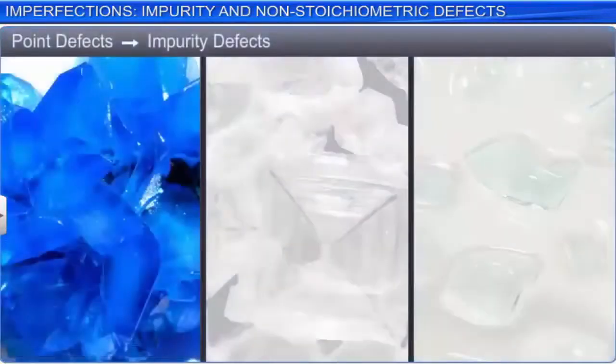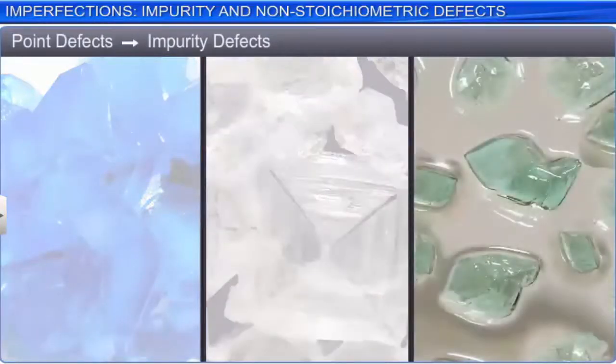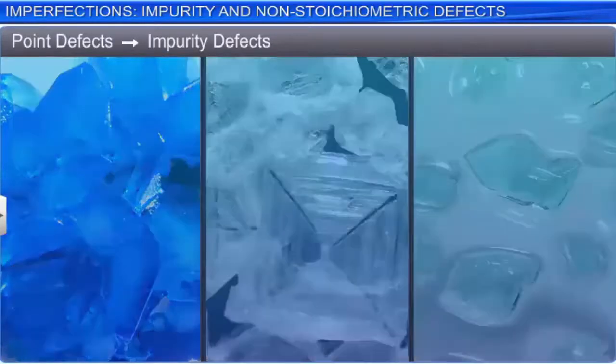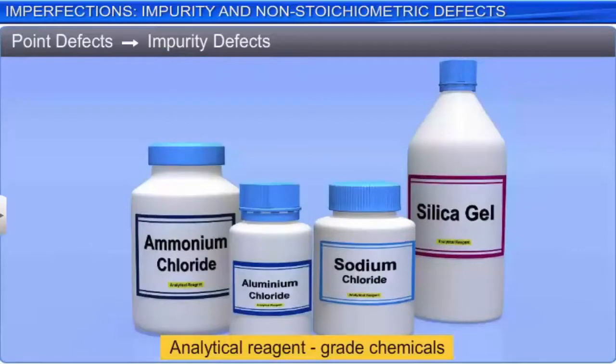You already know that it is almost impossible to obtain a perfectly pure substance. Purification is a costly process. In general, analytical, reagent-grade chemicals are of high purity.